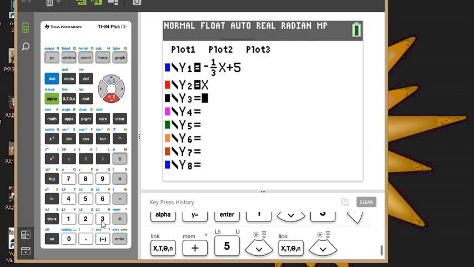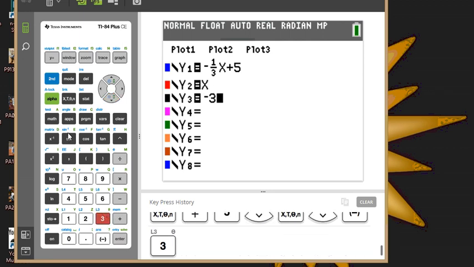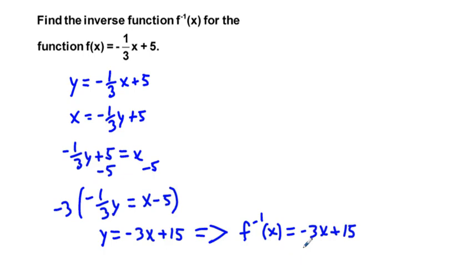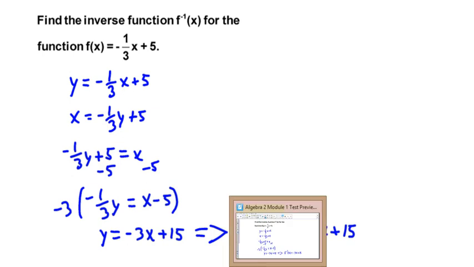I think that's what it was, right? Let's make sure I have these right. Okay, we'll check these out. Let's graph.